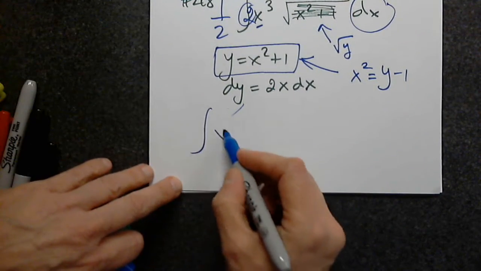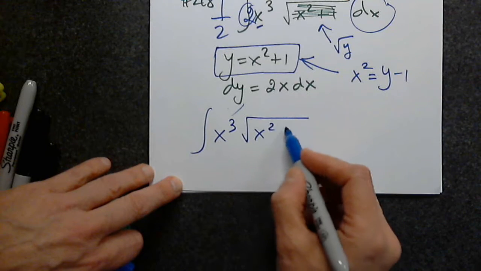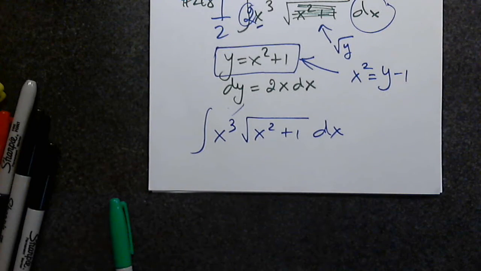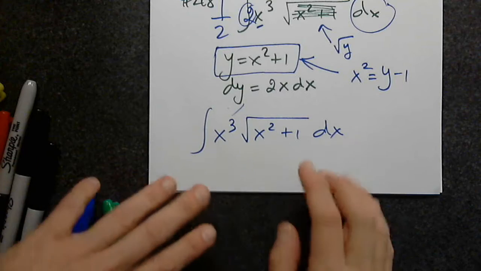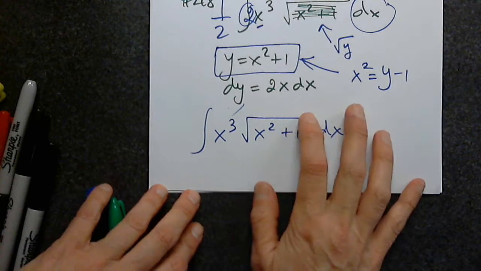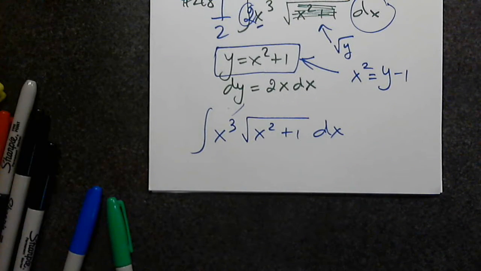So the integral is x cubed, the square root of x squared plus 1 dx. In a square root, I really don't want to have a sum or a difference, because if I have a sum or a difference under the square root, there is nothing I can simplify it with. The square root of a sum cannot be simplified. So I'm hoping that I can get rid of what's under the square root.